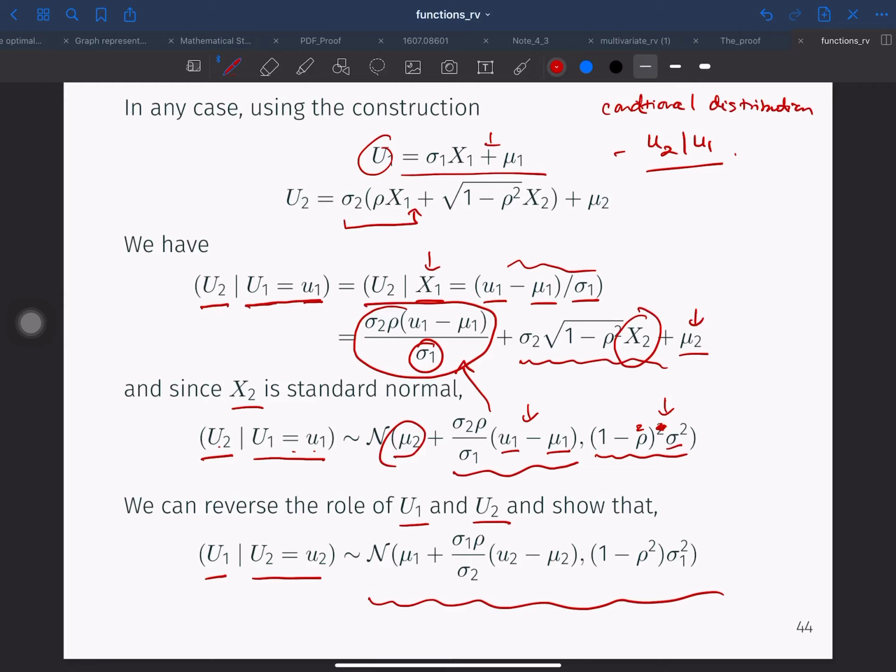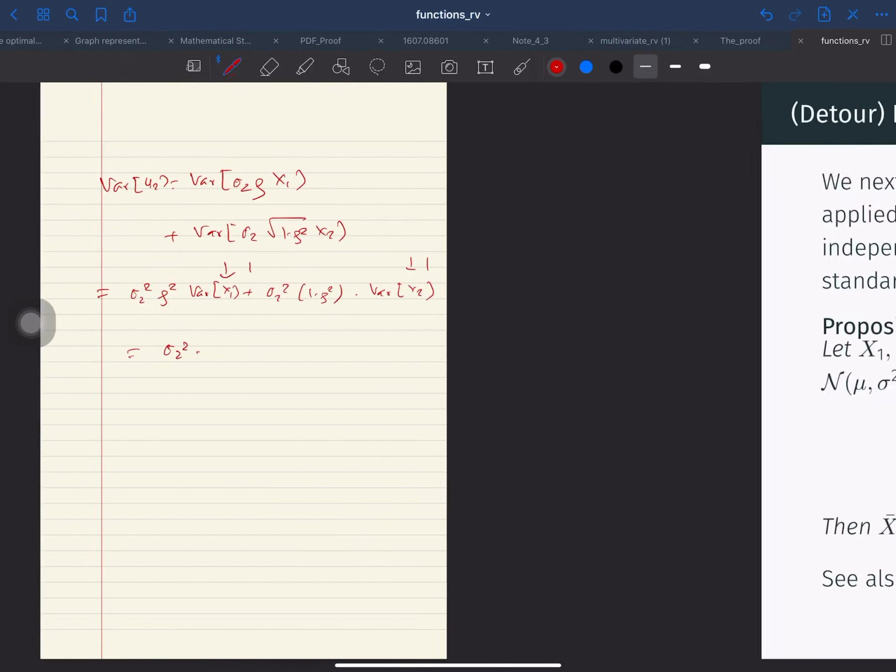If you want a quick exercise, you should go back and take a look at the exercise in section 5.10 and see how you can derive them without needing to do any integration. That should tell you the power of this linear transformation trick for the normal distribution, multivariate normal.